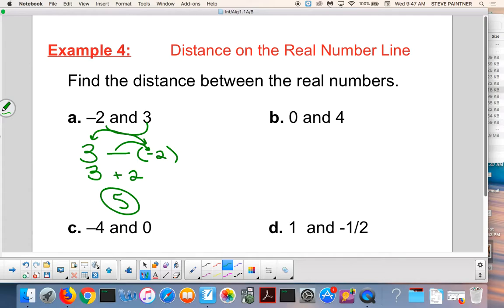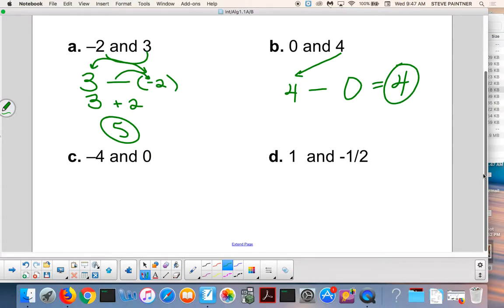What's the big here? 4 minus the small is 0. Answer is 4. Which one's big on this one? 0 is actually the big. Minus the small is what? Negative 4.